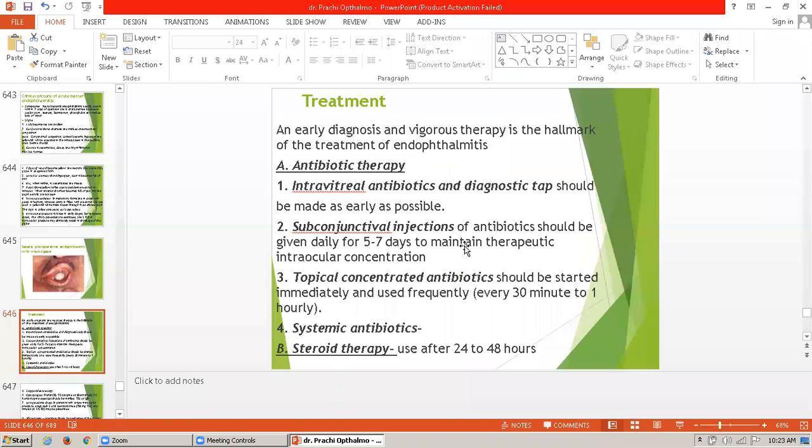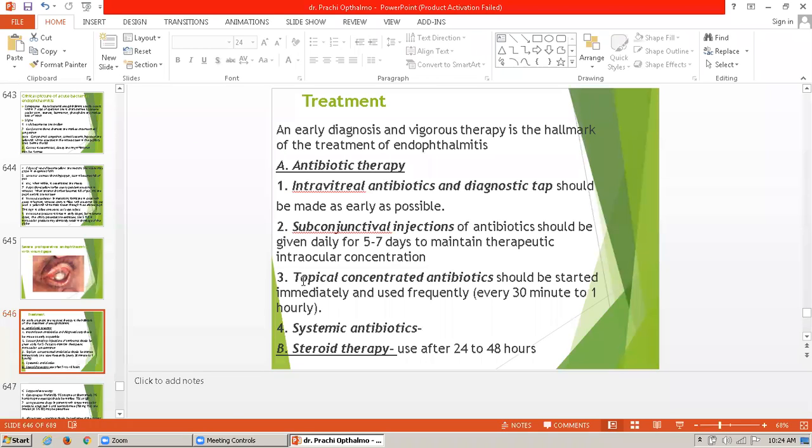Then the treatment. Early diagnosis and vigorous therapy are the hallmark of the treatment of endophthalmitis. First is antibiotic therapy: intravitreal antibiotics and a diagnostic tap should be done as early as possible. Second, subconjunctival injections of antibiotics should be given daily for 5 to 7 days to maintain a therapeutic intraocular concentration.